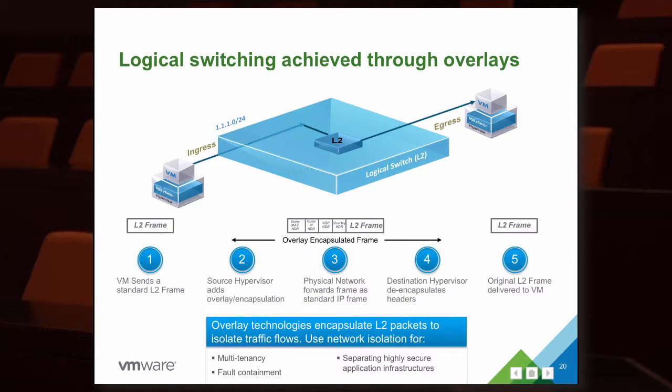The logical switching is achieved through overlays, and this is where we get into the ideas of VXLAN. You can have virtual machine workloads all with the exact same IP addresses living cooperatively next to each other because of encapsulation and overlay. This means that we can scale our networks significantly greater than we've ever been able to do before.